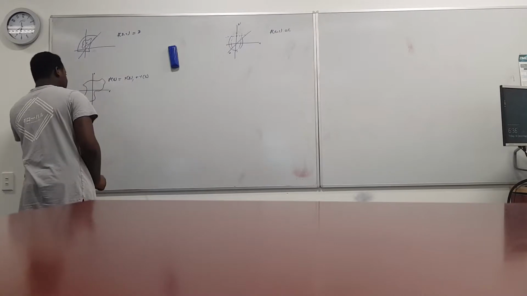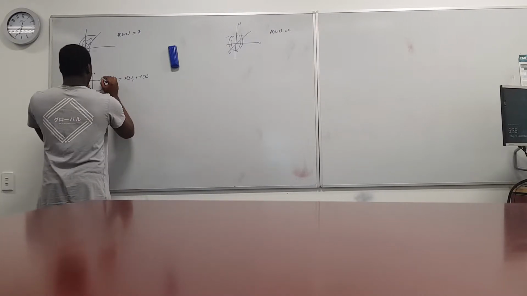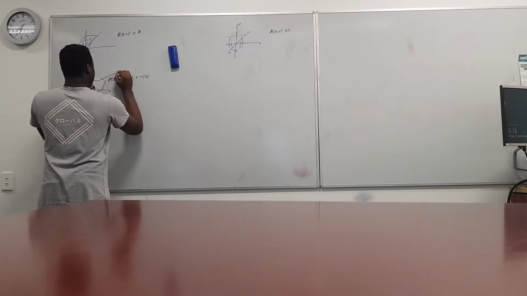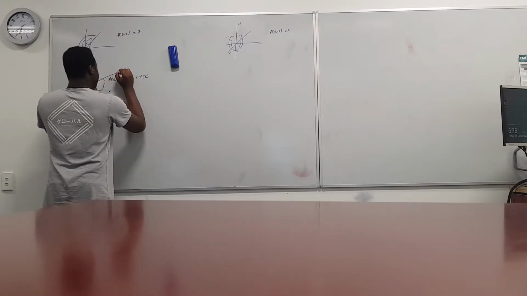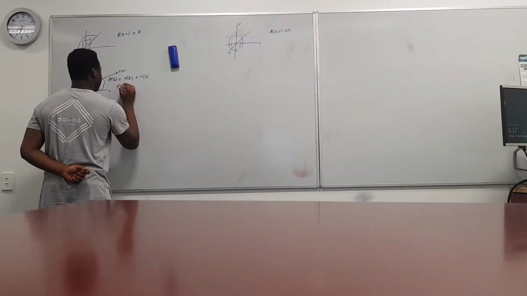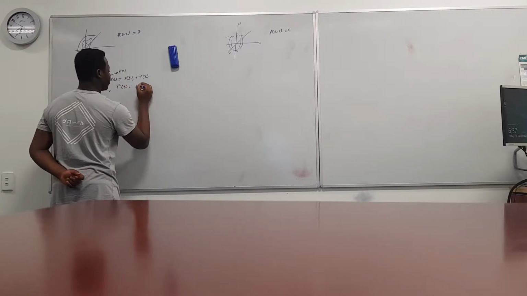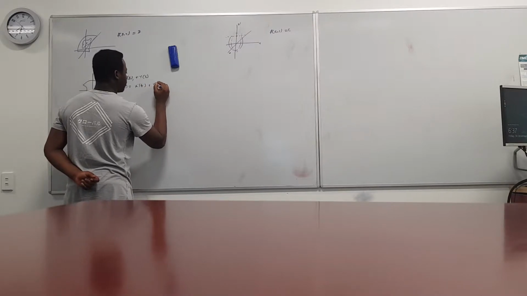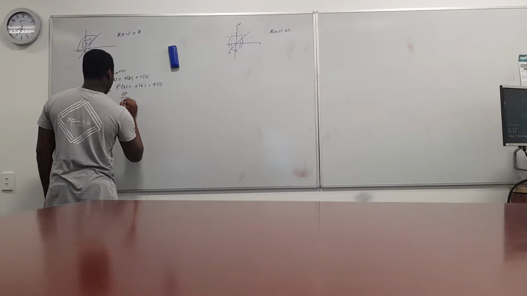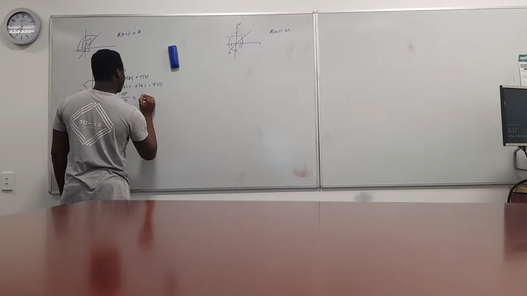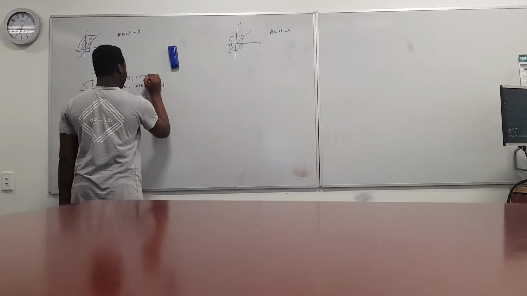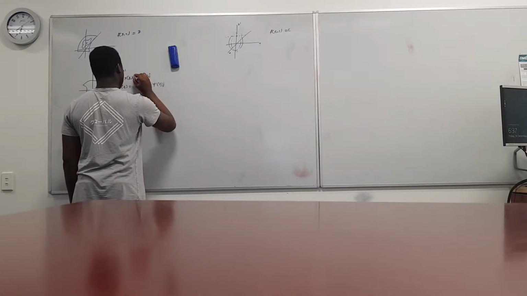Therefore, at any point, the slope of the tangent line is going to be r prime of t, or dr dt. Because they are vector functions, they have unit vector components.